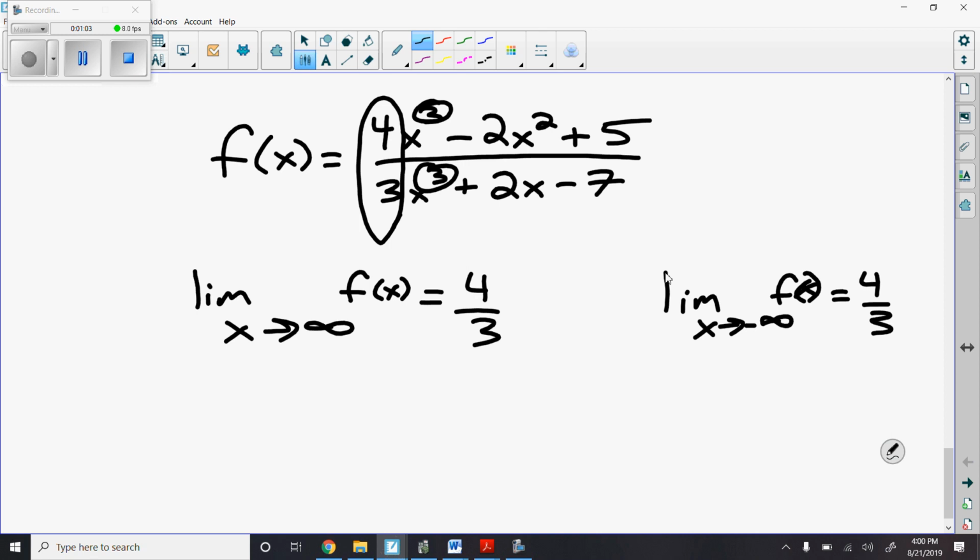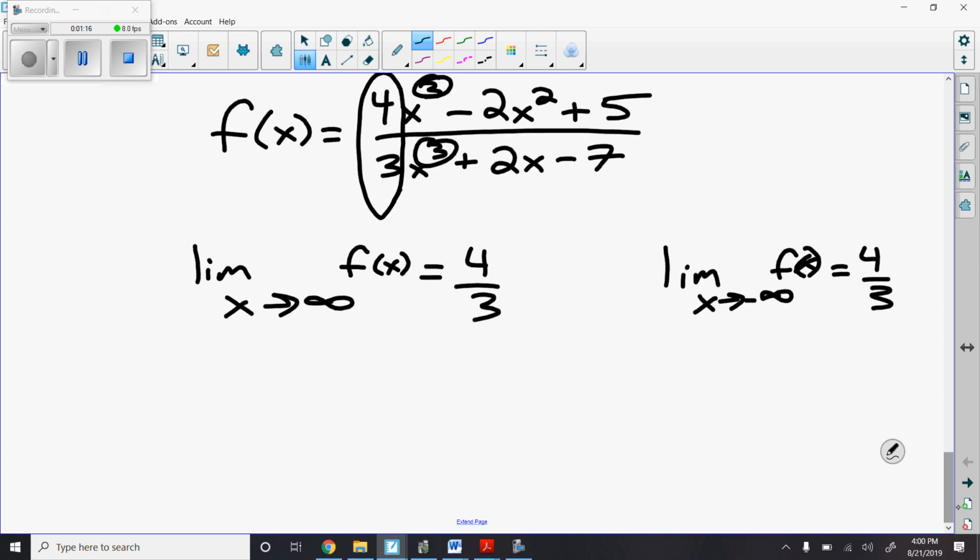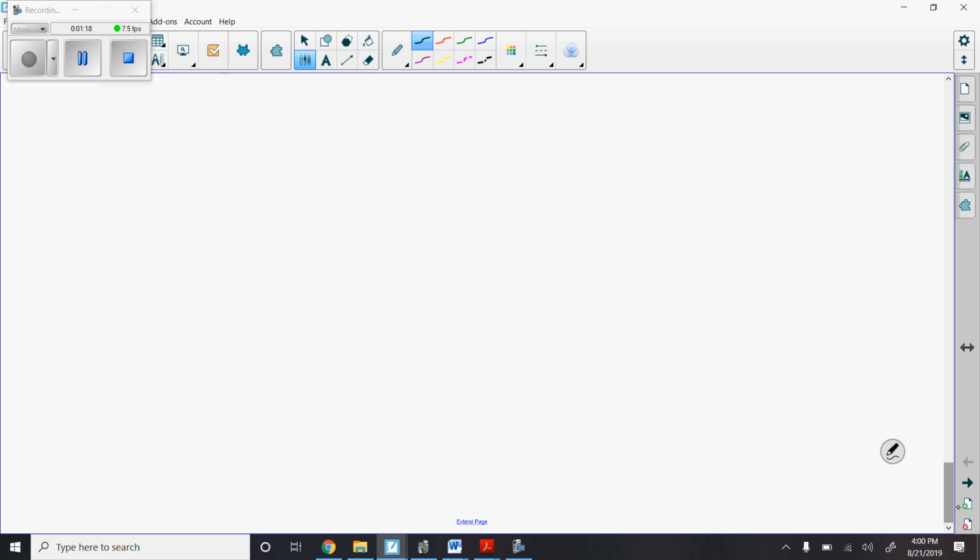Okay. So it's pretty easy to see what's more powerful when we have polynomials like this. But we have a hierarchy of power that I want to talk about real quick. So our most powerful are exponentials.